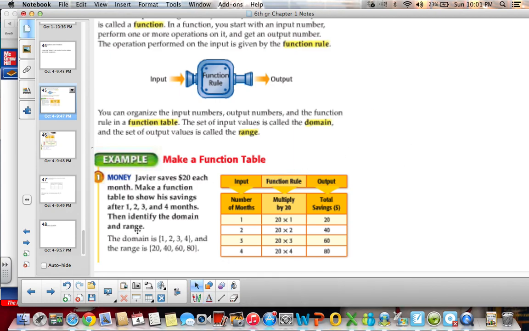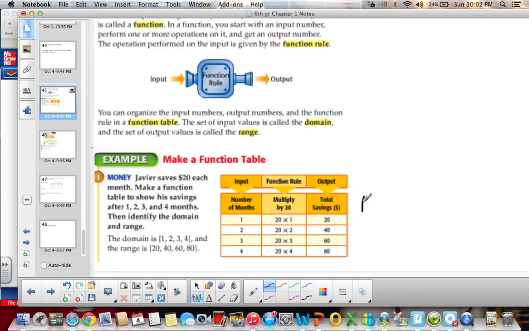Okay, so if Javier saves $20 each month, make a function table to show his savings after 1, 2, 3, and 4 months. Then identify the domain and range. So this is an example of a function table. This right here, not including the input, function rule, and output, is a function table.